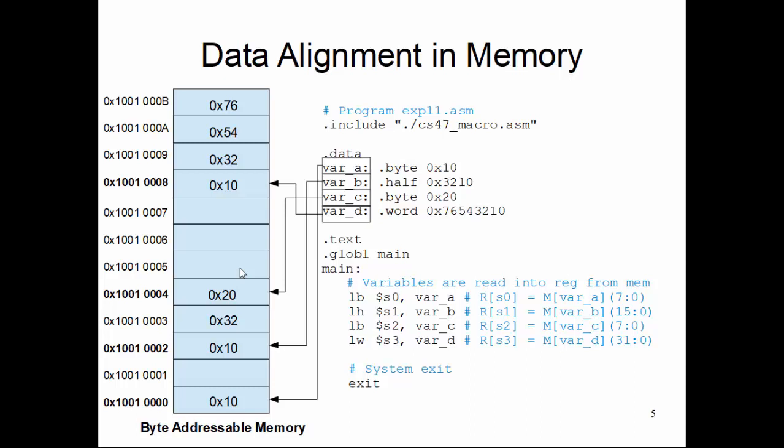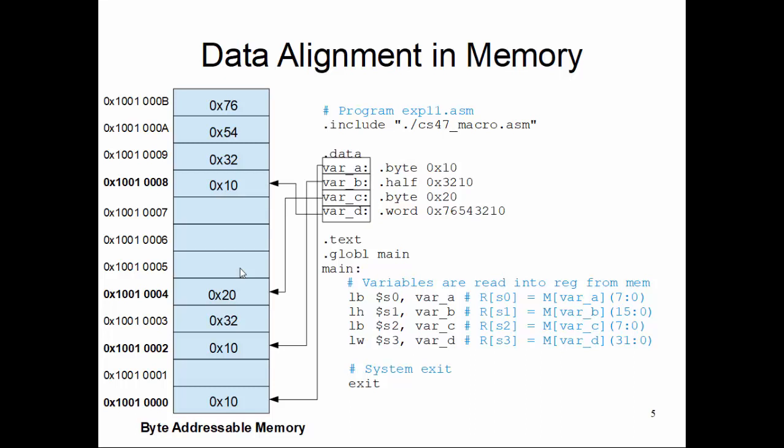Not all of them can start from randomly any address. There are certain rules. Your byte can start at any address value. Your half word can only start at an address which is even, divisible by 2, and a word can start from an address which is divisible by 4.